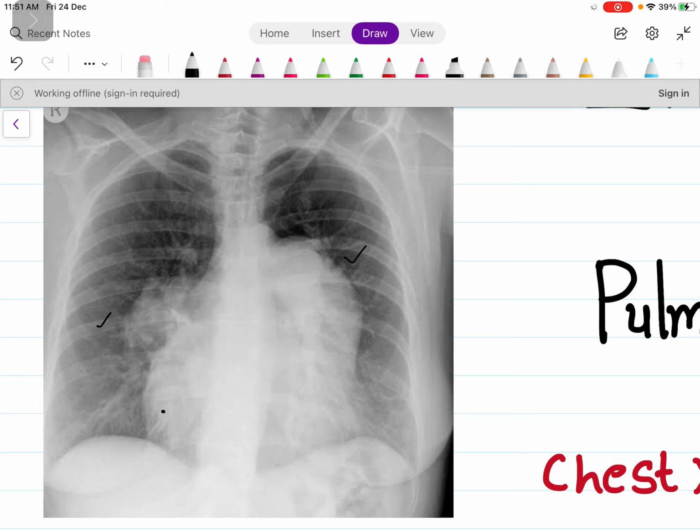And there is an enlargement of the heart also. Now if you see carefully, there is an enlargement of this pulmonary artery. Same here, there is an enlargement of this pulmonary artery. So the first finding which we got is an enlargement of the pulmonary artery.